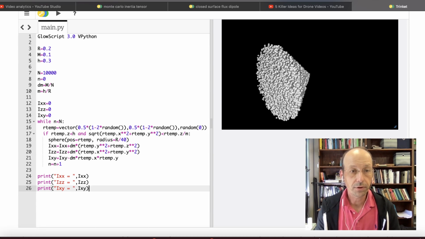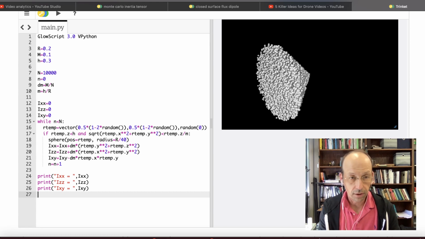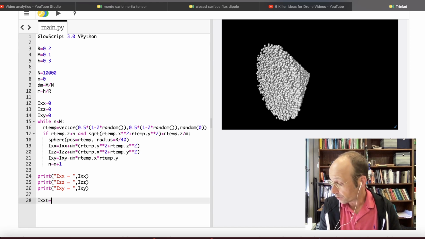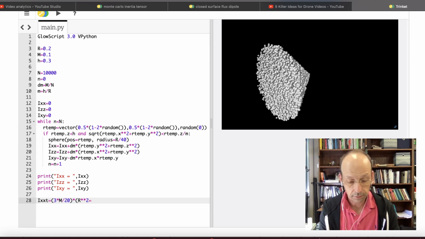And now I need to calculate the theoretical values too. So let's say IXX theory is equal to, now I'm going over my equation, 3 times m divided by 20, times r squared plus 4h squared. Plus, not equals.